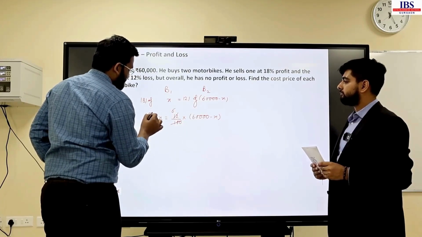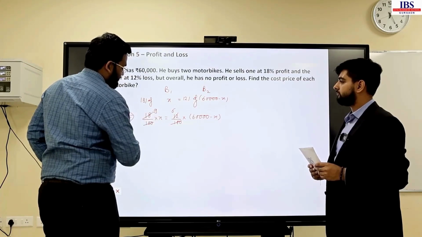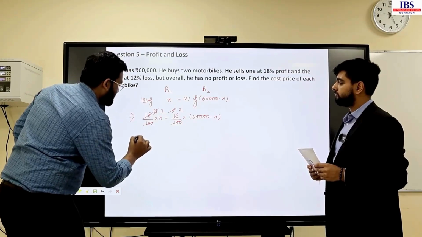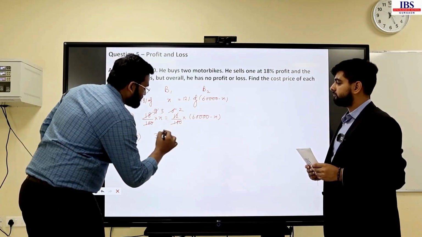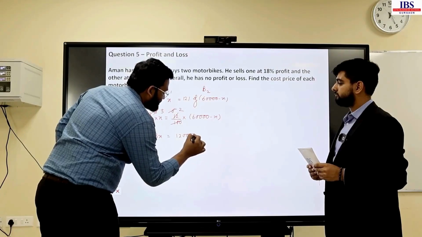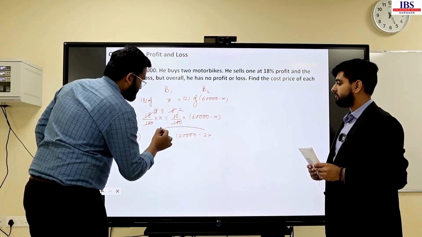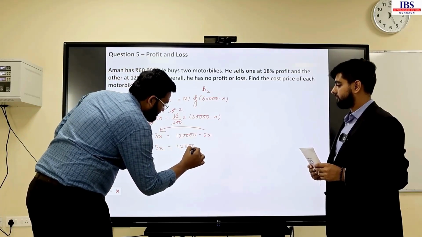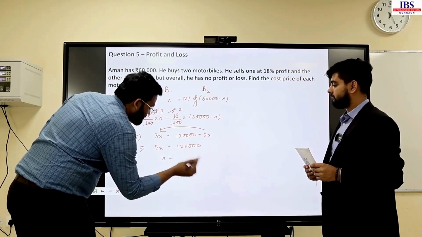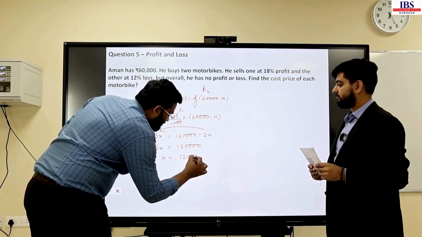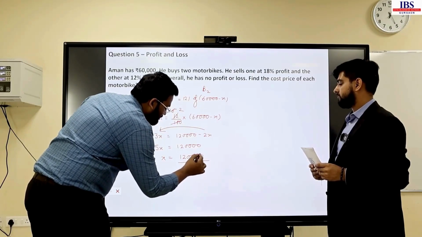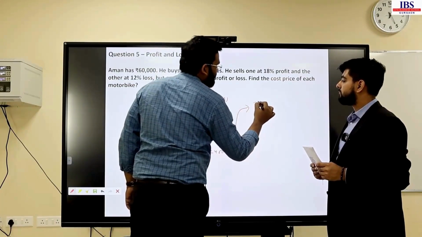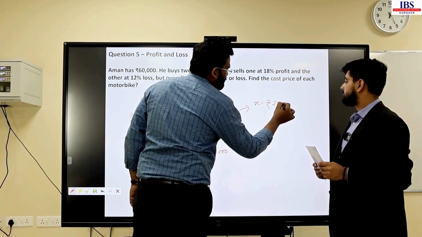Dividing by 6: 2 sixes are 12, 3 sixes are 18, and 3 into 60,000 is 1 lakh 80,000... so here we have 3x equal to 1 lakh 20,000 minus 2x. Bringing 2x to this side, it will be 5x equal to 1 lakh 20,000, so the value of x will be 24,000.